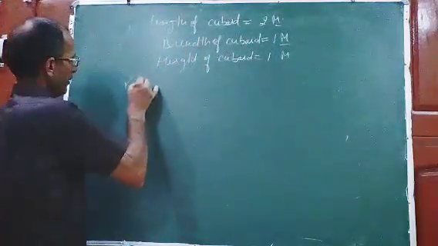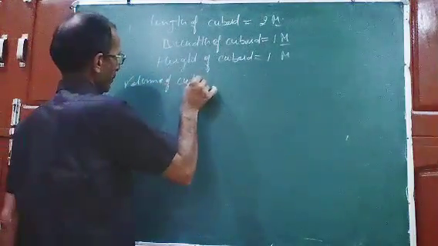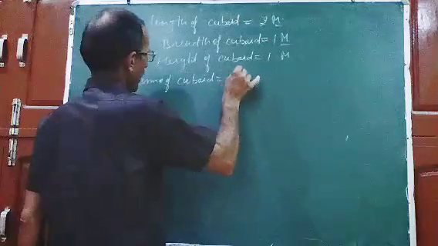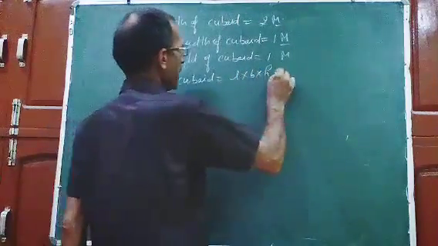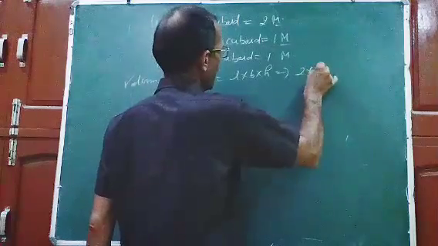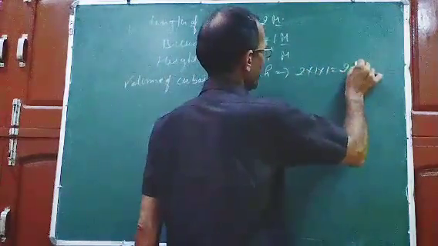So first we have to find the volume. Volume of cuboid is length multiply breadth multiply height. So it will be equal to 2 multiplied by 1 multiplied by 1. So it will be 2 meter cube.